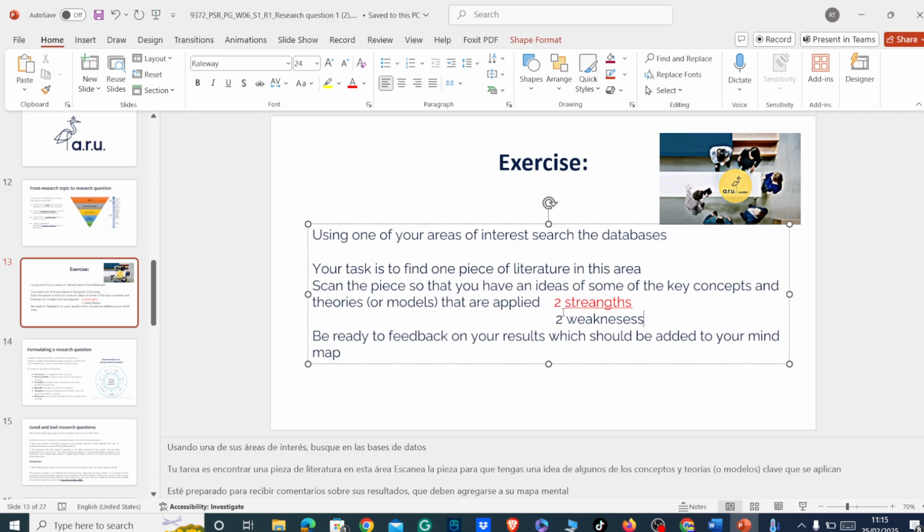And when you frame your strengths, not 'I think it's good' but 'it's good because they use this method' or 'the sampling they use is good because', and that's where you can start making those links to the literature.